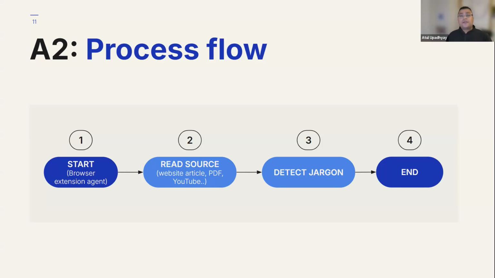And then we're going to tell the agent what it must do, right? When reading source. So this is where our prompting comes into play. The prompt that we feed in, that's what the agent is going to do. And then the agent detects complex jargons from the source. And then at the end, it gives a clear, plain English explanation. So that's the whole flow, quick and straightforward.